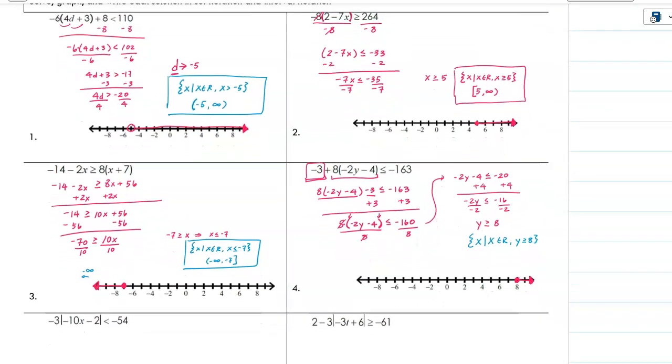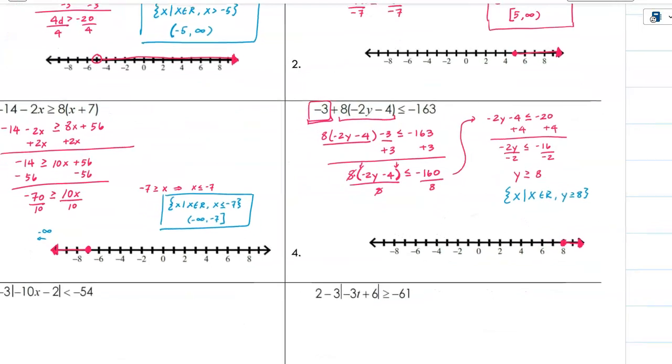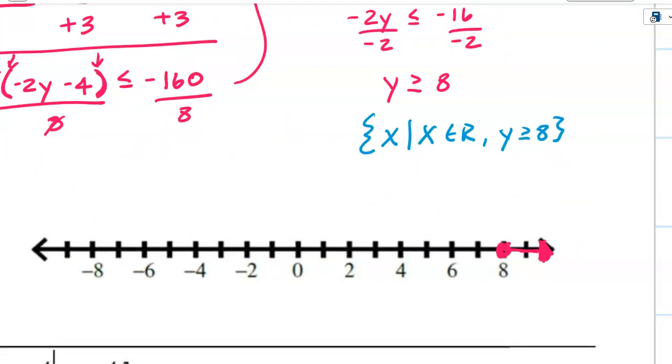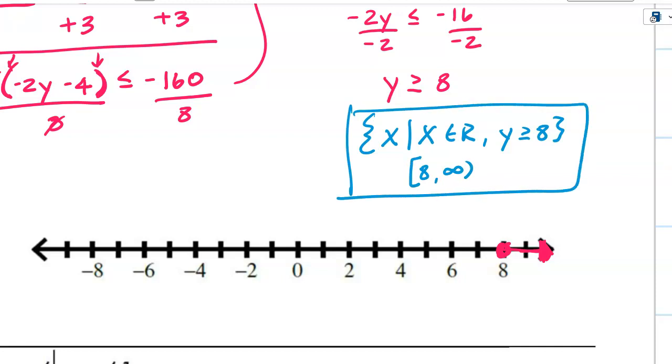Yeah, I have, but it doesn't really matter. On the test, they'll all be x. I think that was a question that was asked. Interval notation: it starts at 8, includes 8, and goes to positive infinity. There you go. Good job.